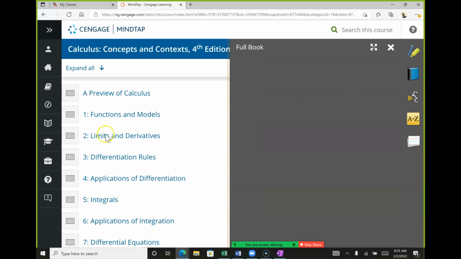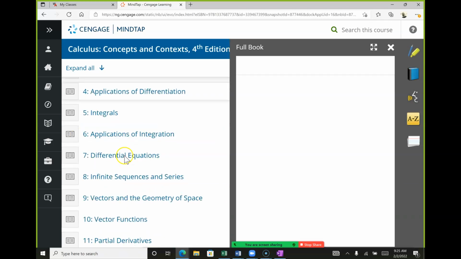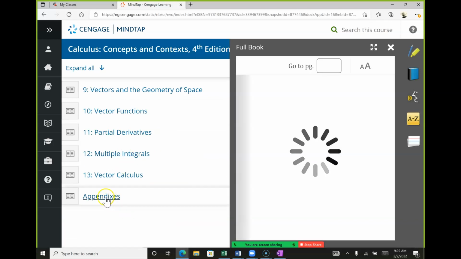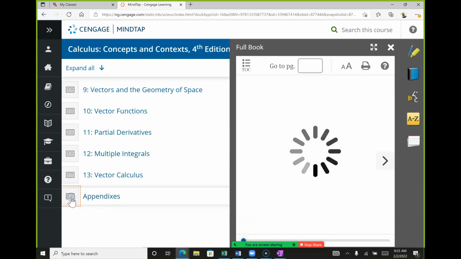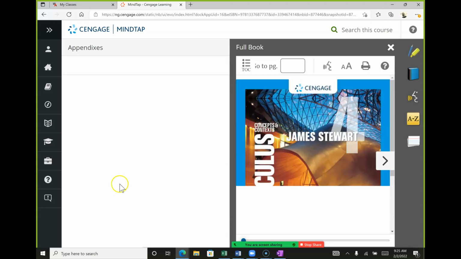If I open that full book, I can see chapter 2. I could jump to the section of that book, and then down at the bottom here in the appendices, let me open the appendices. I'll see the answers. Oh my God, so slow. In one of the appendices it says answers to odd problems, and I'm only going to be assigning odd problems to you.